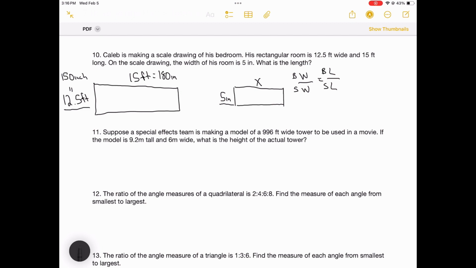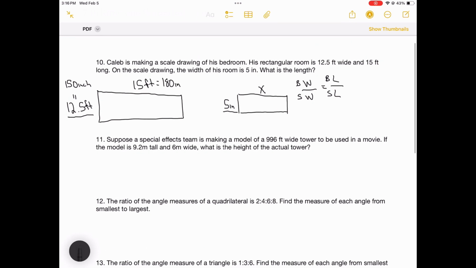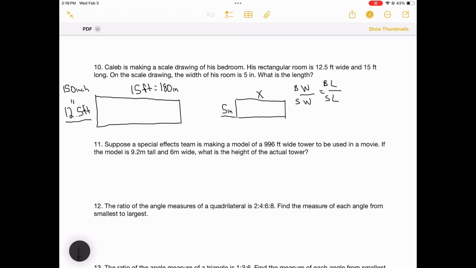So I'm going to have big width, which is 150, over small width is 5, equals big length, which is 180, divided by X, because I don't know the length there. Okay?